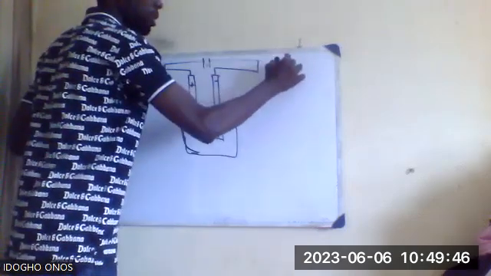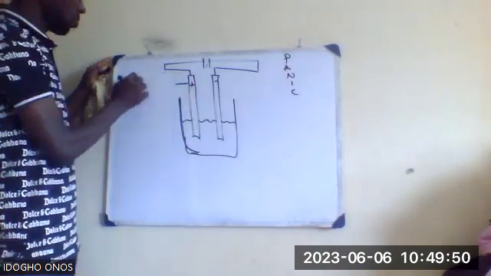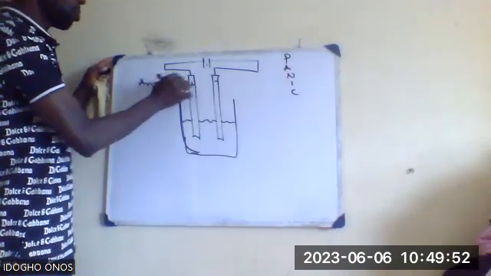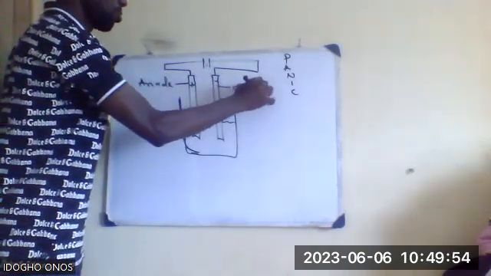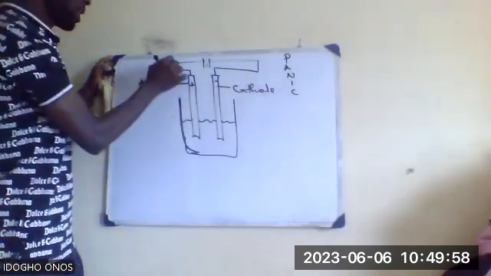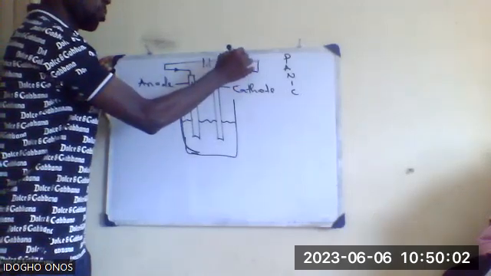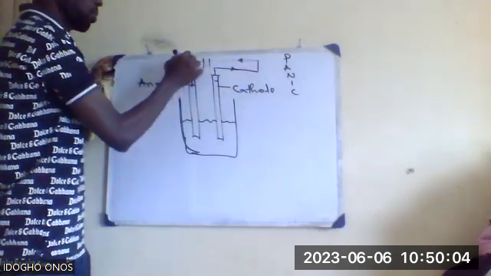And remember this acronym, PANIC: Positive is anode. So this is my anode, and this is my cathode. So current enters, you see the direction of flow here, and it's leaving like this.